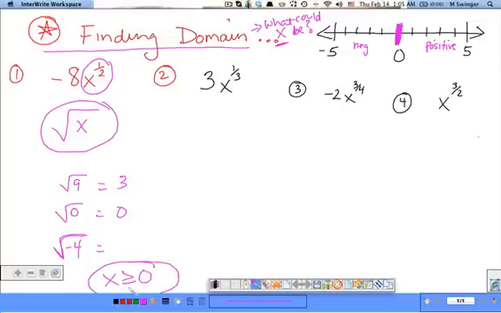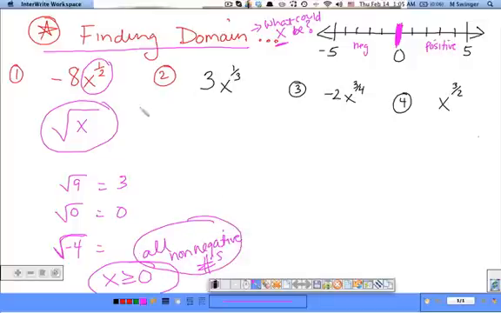You could write the domain like this. Or, what does this really mean? From 0 on, right? So also the book says all non-negative numbers. Okay, that's the same thing. Greater than or equal to 0, all non-negative numbers. Okay, so know both of those actually.